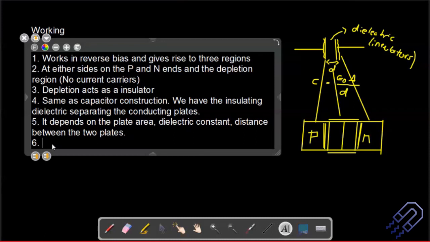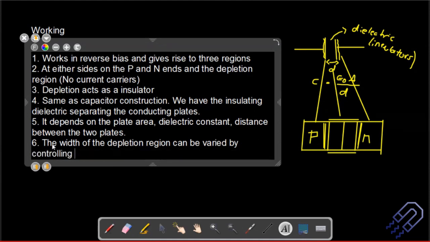The width of the depletion region can be varied by controlling the reverse bias voltage. That is important.